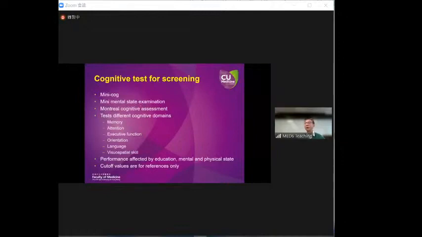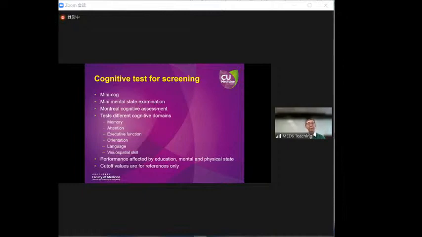Okay, let's come back to the cognitive tests for screening. As a screening test, I recommend the mini-Cog test because it does not take long. But for more definitive assessment, we used to use MMSE, but not anymore because of the problem of license. One is expected to pay a license fee for the use of MMSE.